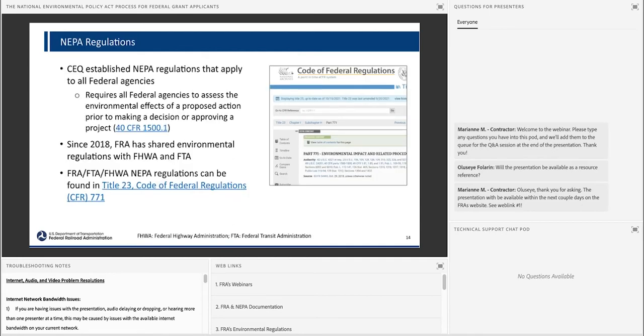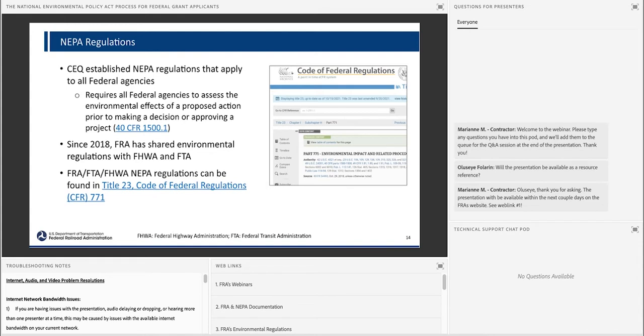Now we're going to talk a little bit about the rules and requirements. So there's NEPA regulations. I mentioned in the first slide about NEPA, NEPA established the Council on Environmental Quality, and CEQ established NEPA regulations that apply to all federal agencies. Generally, this requires all agencies to assess the environmental effects of proposed actions prior to making a decision or approving a project.